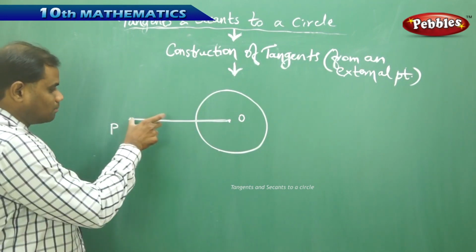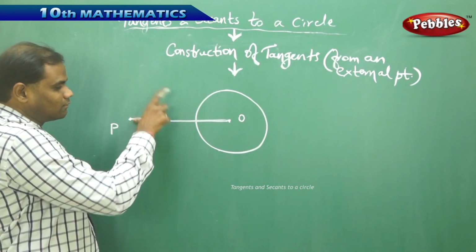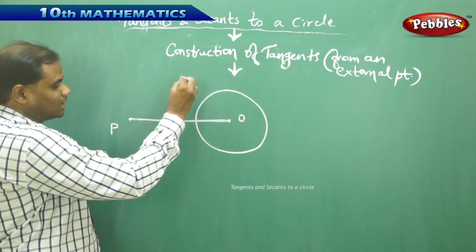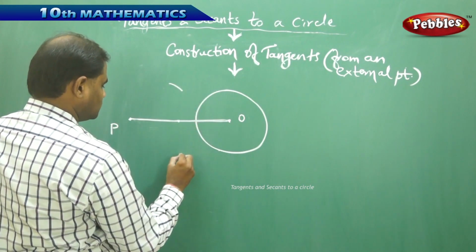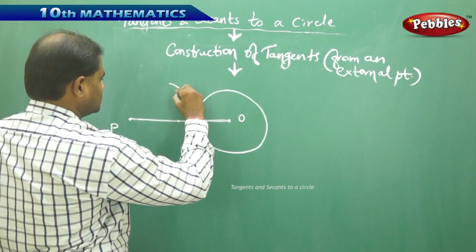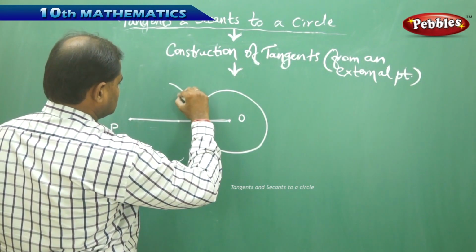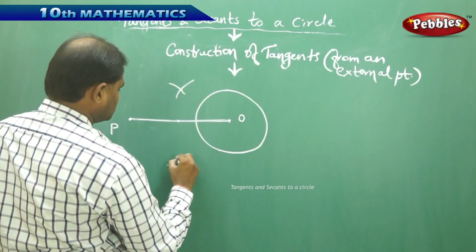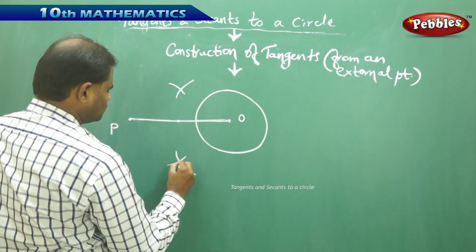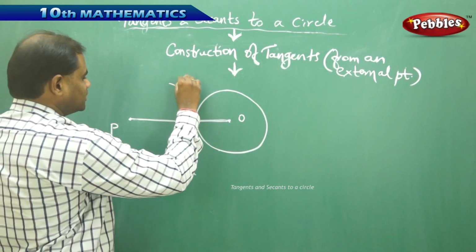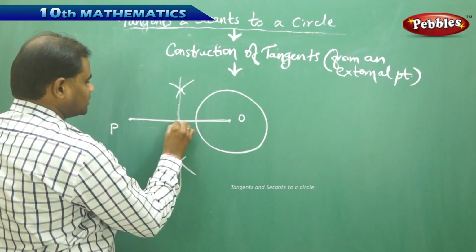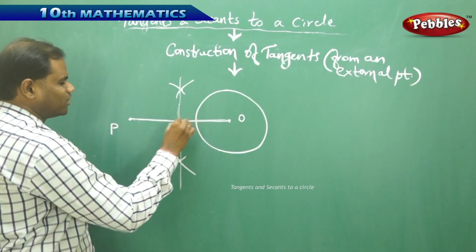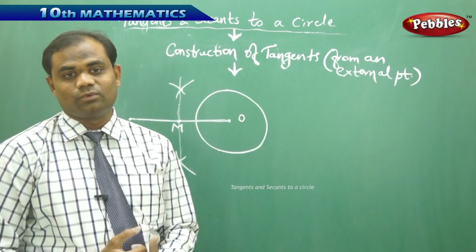I take the compass opened to more than half and cut the arcs out here and out here. Once I cut the two arcs, I join them so that the intersection will give me the midpoint of the line segment OP.